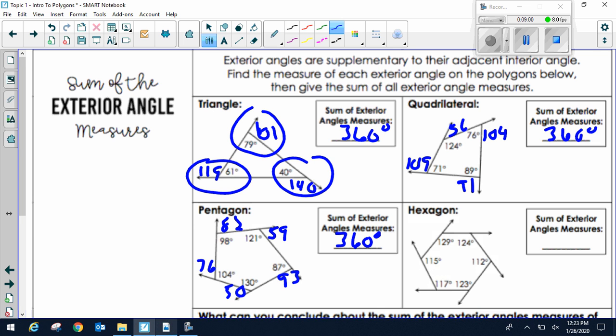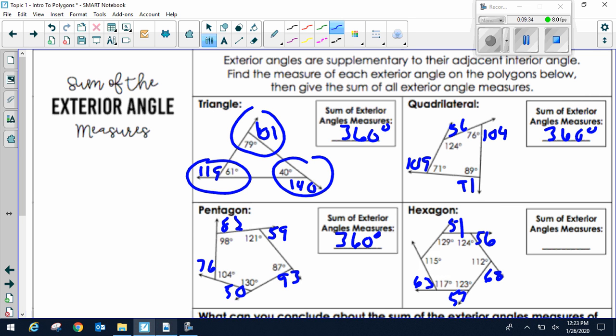Let's do the hexagon, last one. So 180 minus 129 gives me 51 in here. 180 minus 124 gives me 56 here. 180 minus 112 gives me 68 here. 180 minus 123 gives me 57 in here. 180 minus 117 gives me 63 in here.